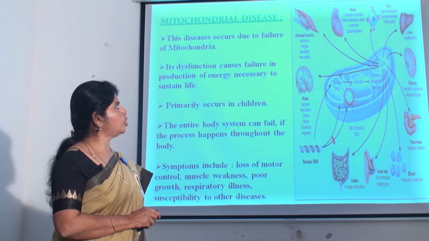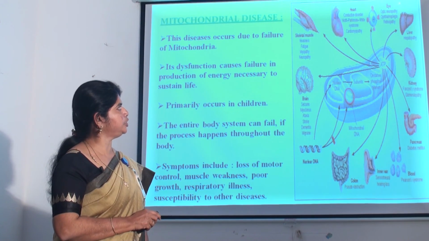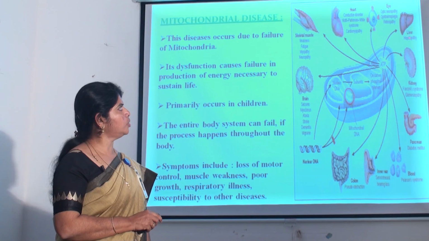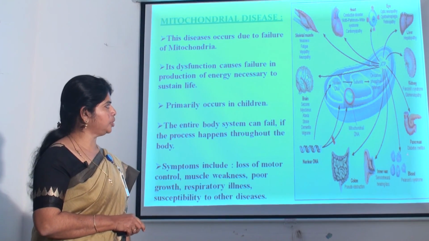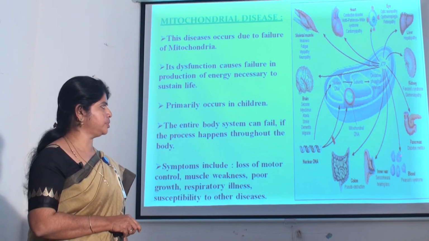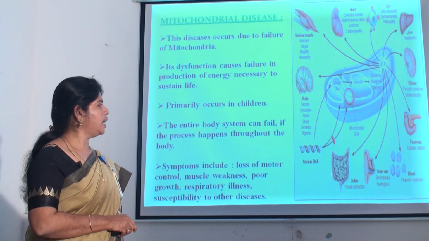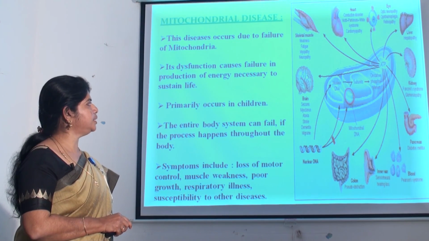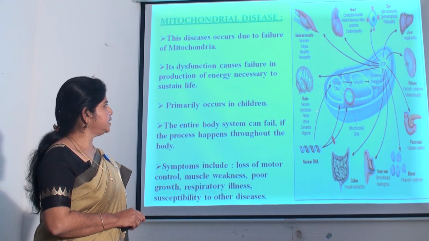In the eye, it causes optic neuropathy, ophthalmia and retinopathy; in the liver, hepatopathy; and the kidney, pancreas, and diabetes mellitus are also affected. In the blood, there is Pearson syndrome, and the inner ear, the digestive colon, nuclear DNA, mitochondrial DNA and the brain are affected too.